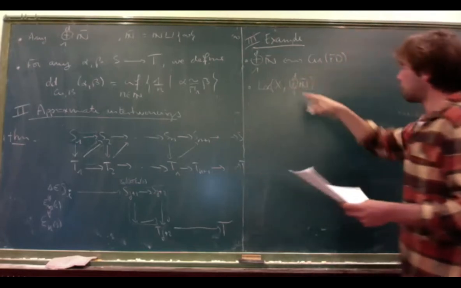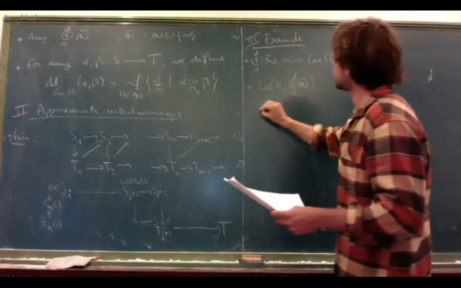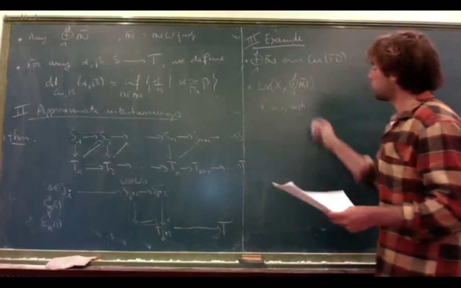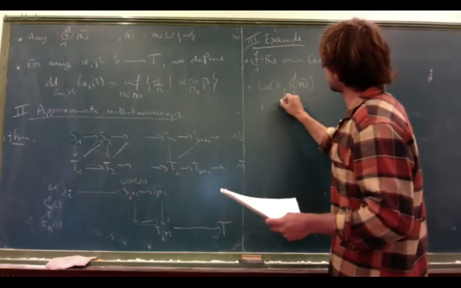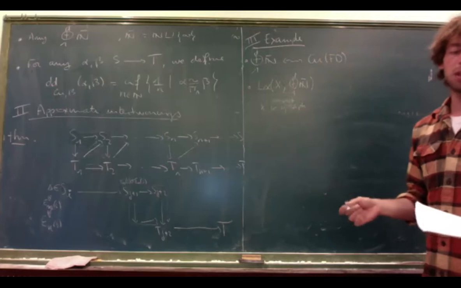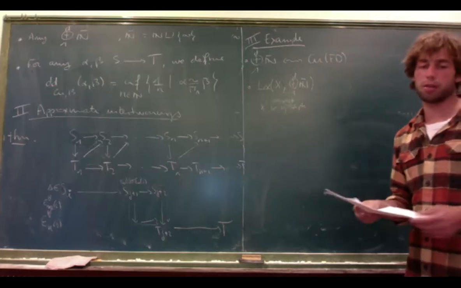into those finite direct sums, and X is a graph. So a compact graph can be seen as a finite CW complex of dimension 1.